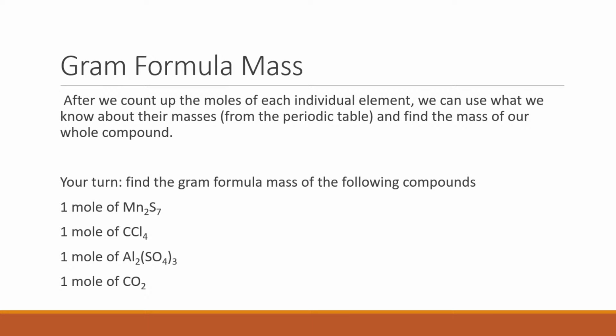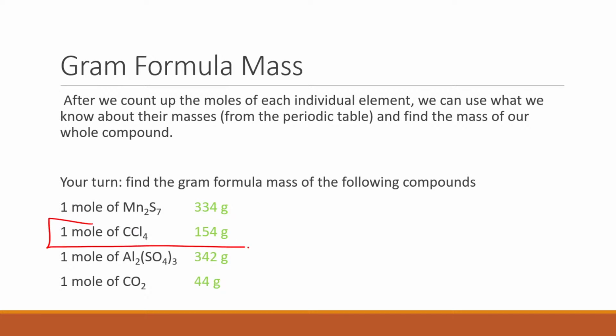When we add up all of the pieces for these compounds, we should get these numbers. Correctly finding the masses off the periodic table, multiplying them and adding them together the right way will give you this set of numbers.